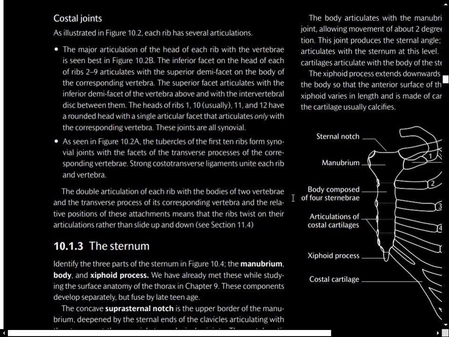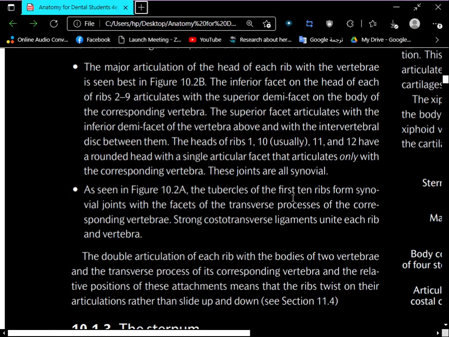The inferior facet of the head of each of ribs 2 to 9 articulates with the superior demifacet on the body of the corresponding vertebra. The superior facet articulates with the inferior demifacet of the vertebra above and with the intervertebral disc between them.